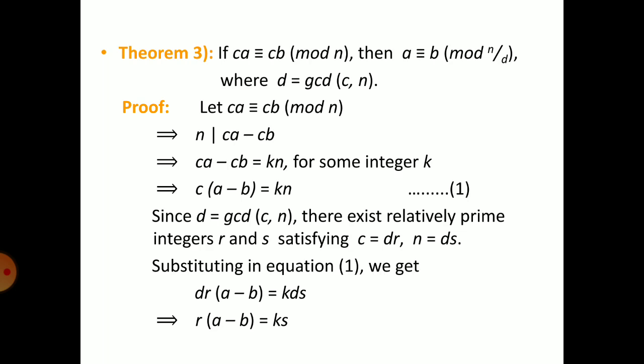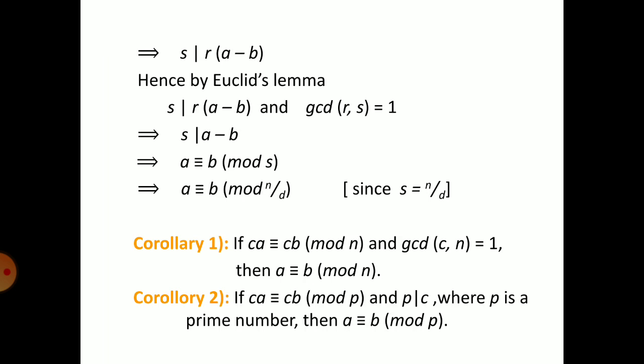This means, considering K as some integer, by the definition of divisibility, S divides R times (A minus B). Now here S and R are relatively prime integers. That means GCD of S and R is 1.